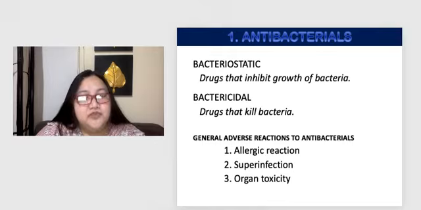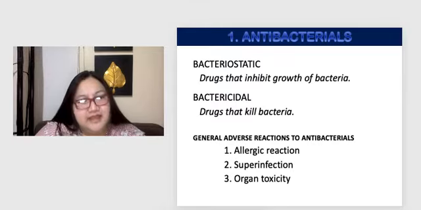Okay? The third general adverse reaction to antibacterials is organ toxicity. So as we go through the discussion, marami tayong maririnig na hepatotoxic, which means delikado sa atay yung gamot. Nephrotoxic, which means delikado sa kidney yung gamot.